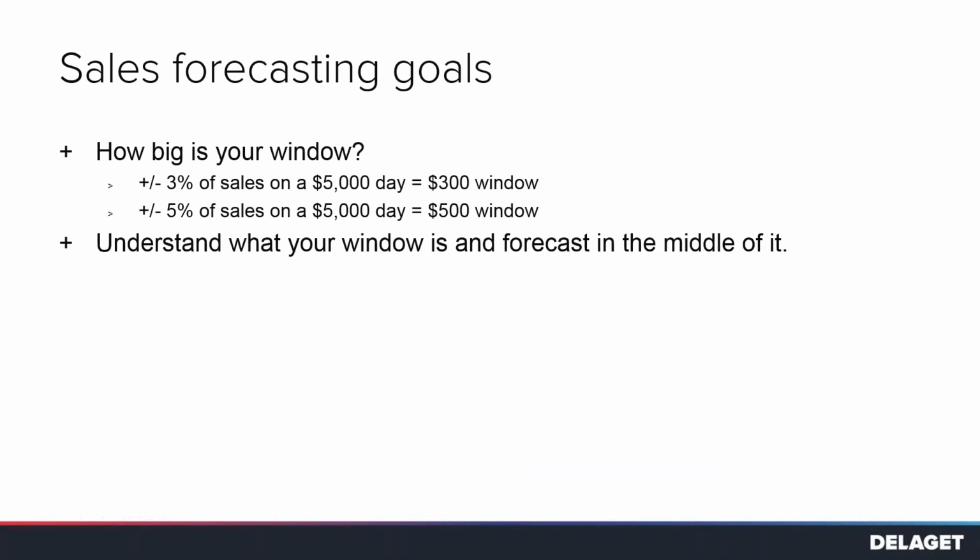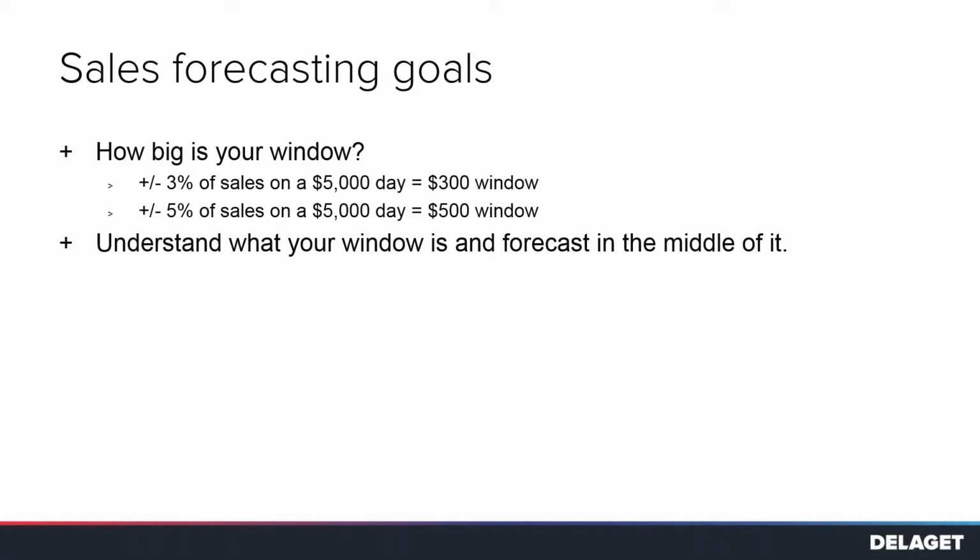So sales forecasting goals, how big is your window? And this may come in handy as you're looking at a specific day and wondering, you've got all these data points, what do I forecast for today with all these data points and what I think is going to happen. On a $5,000 day, a 3% variance to forecast gives you a $300 window.